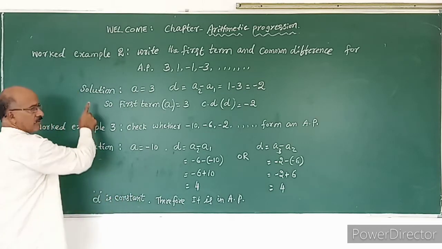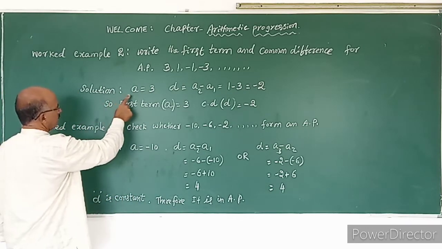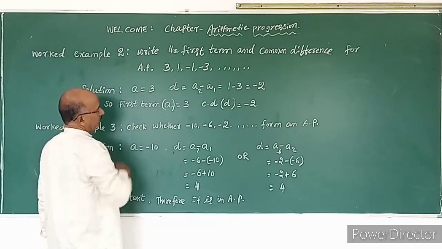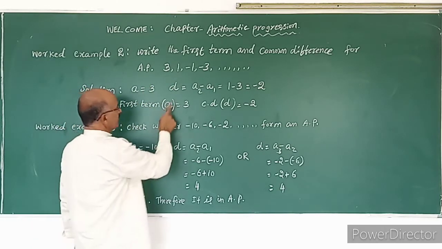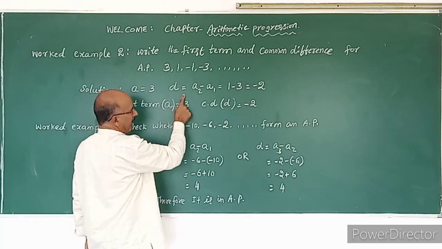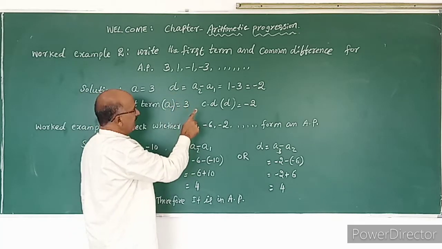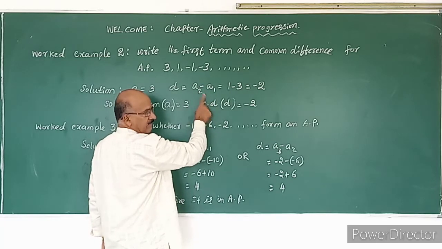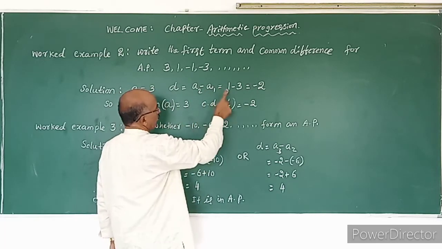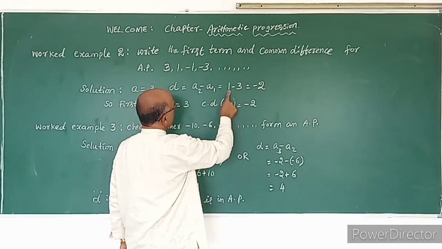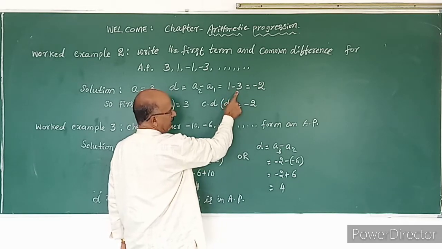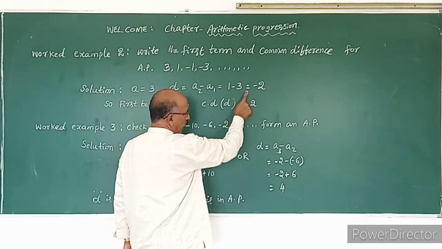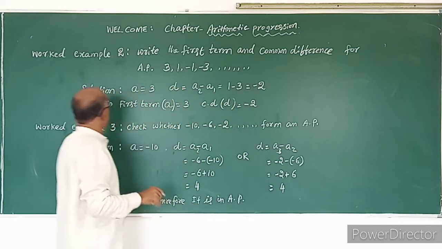So, solution. Here the first term is 3. Common difference D is obtained by subtracting the first term from the second term, A2 minus A1. The second term is 1, the first term is 3, 1 minus 3 equals -2.